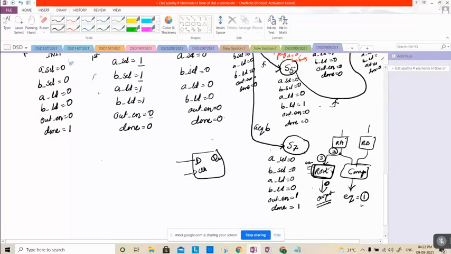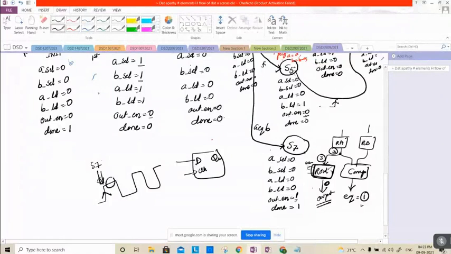Yes sir. When out enable is equal to 0, how will it be copied into R out? We made it 1 in S7, right, sir. When do we make it 1? After entering into S7. So here you are entering into S7.